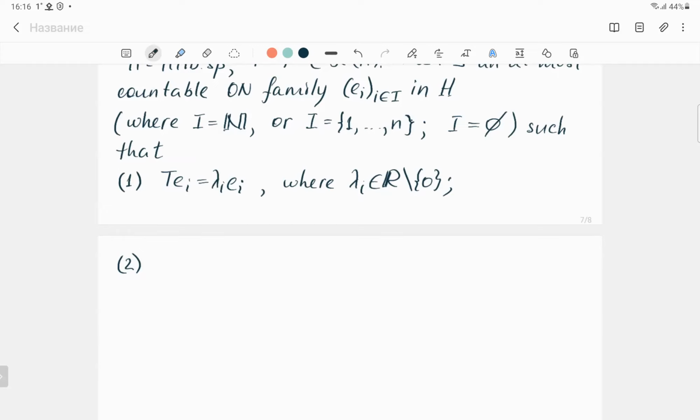As for the orthogonal complement, it is precisely the kernel of T. The kernel of T is nothing but the orthogonal complement of this family. Informally, this means that T can be written in the following way.